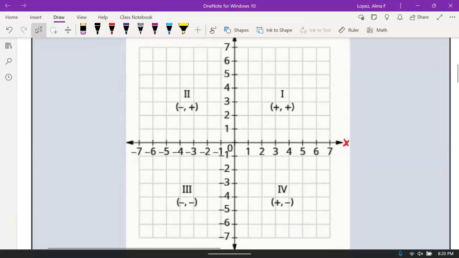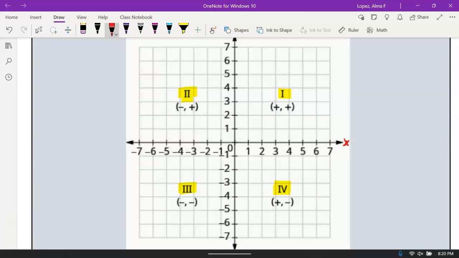Each of the four sections is called a quadrant, and the quadrants are numbered this way. Quadrant 1, quadrant 2, quadrant 3, quadrant 4. You need to be familiar with that and be able to identify the quadrant that any particular point falls in.